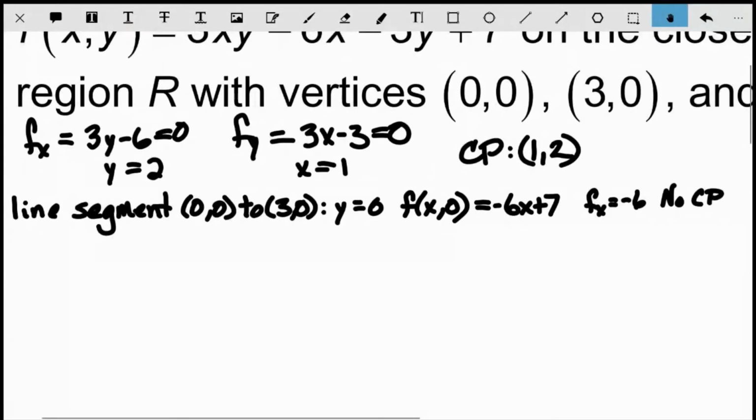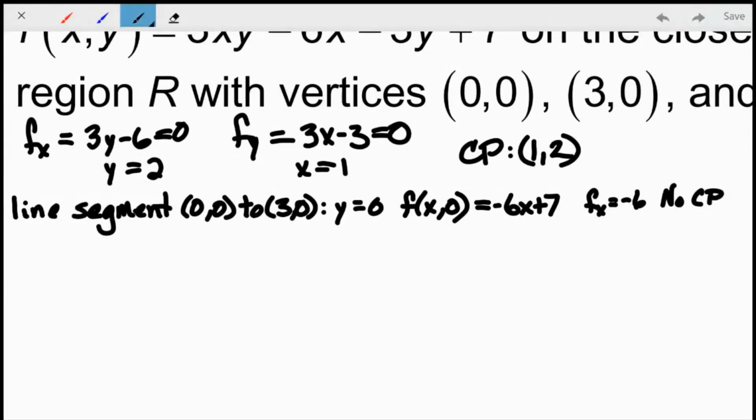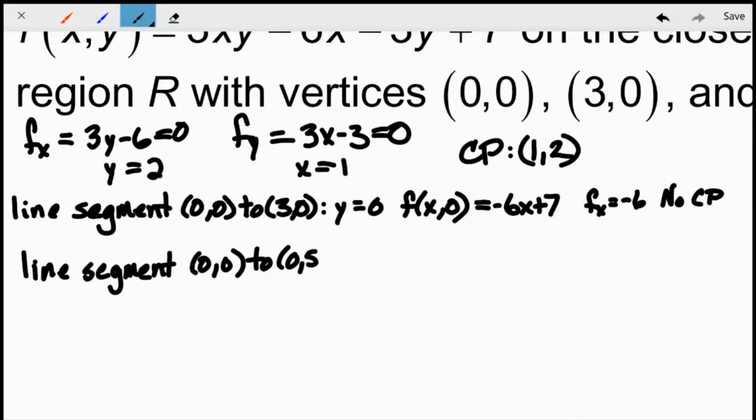Okay, so now let's do the same thing on the other boundary lines. So I've got the line segment that goes from (0, 0) to (0, 5). So that's the one on the y-axis. That means that x is equal to 0.